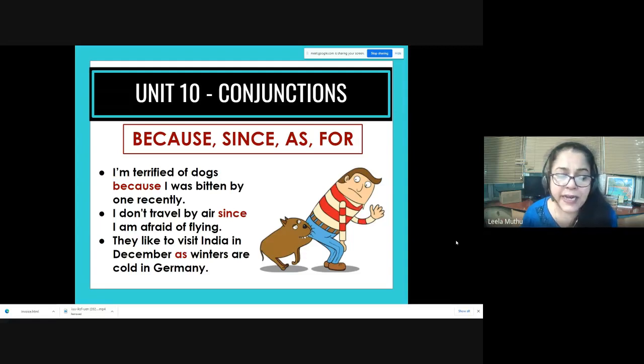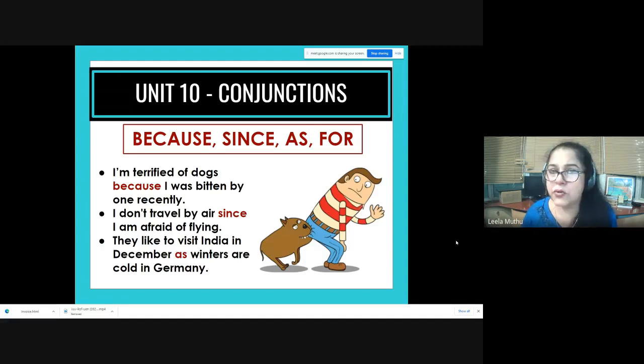They like to visit India in December, because winters are cold in Germany, as winters are cold in Germany, since winters are cold in Germany, or you can say the lesser or rarer way of using which is for winters are cold in Germany. They like to visit India in December, for winters are cold in Germany.